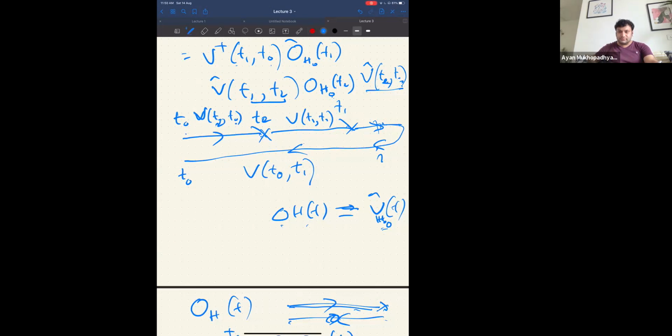If I put both operators in the forward contour, then time ordering is the same as contour ordering. If I put one operator in the forward and one in the backward contour, then it's always ordered in a specific way, irrespective of what the physical times are.